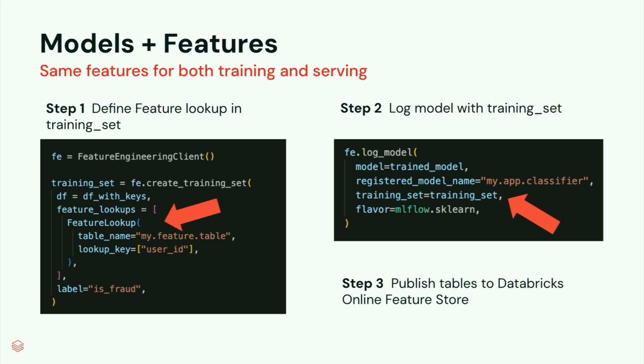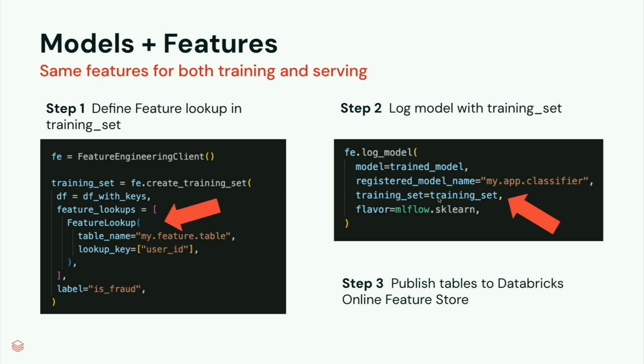You may notice that these are the only 3 steps we have, but we don't need to tell the deployed model where to look up from the online table. It's all connected. That's the magical part. Databricks model serving will automatically know where the online table is, because all the information is stored in the training set when you log the model.